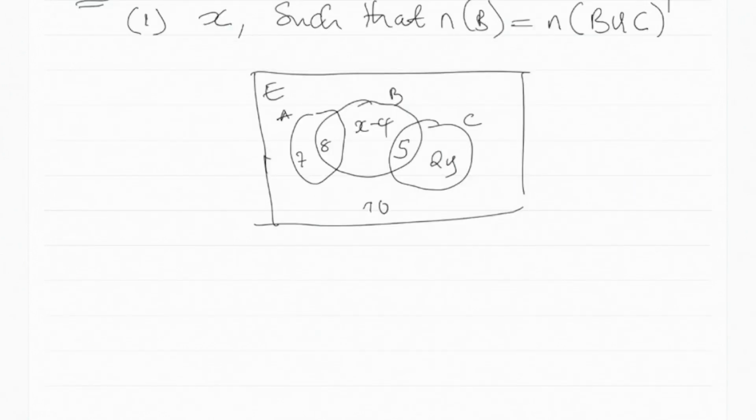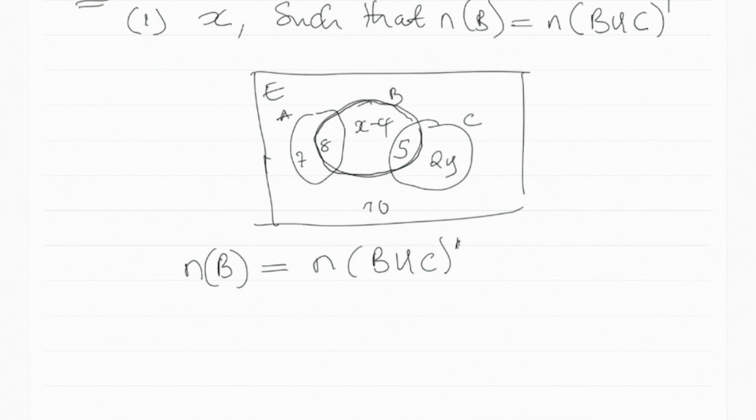They are asking us to find the value of x such that the number of elements in B is equal to the number of elements in (B union C) complement. So what are the number of elements in B?